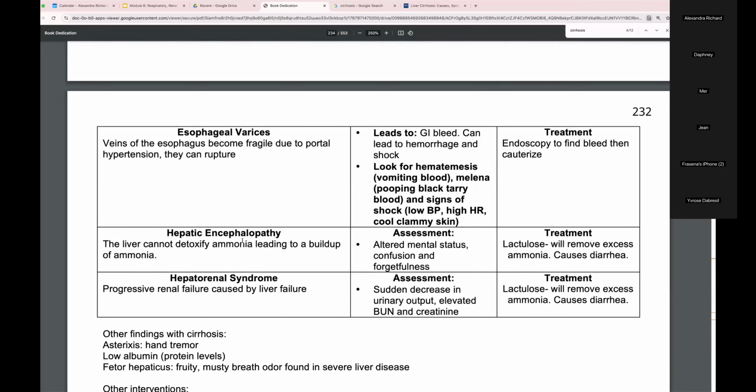And so here, next to hepatic encephalopathy, lactulose will remove excess ammonia and it causes diarrhea. So that's increased bowel movement.